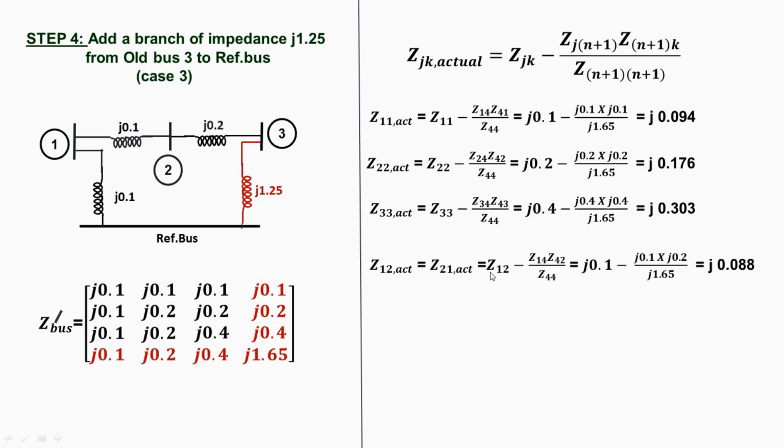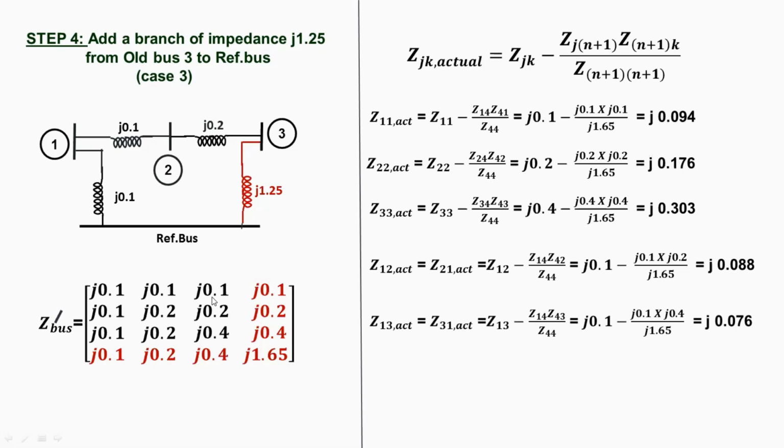Z12 actual is equal to Z12 old, that is j0.1, minus Z14, j0.1, then Z42, j0.2, divided by Z44, j1.65. Substitute all the values, you get j0.088.